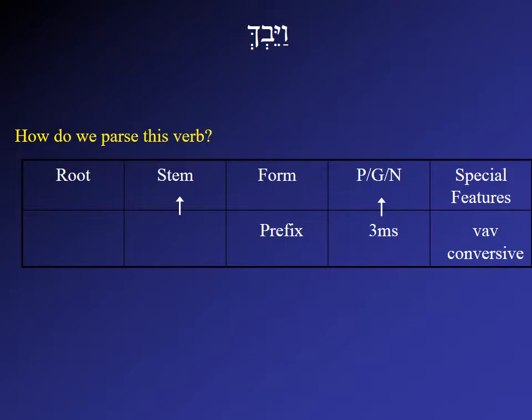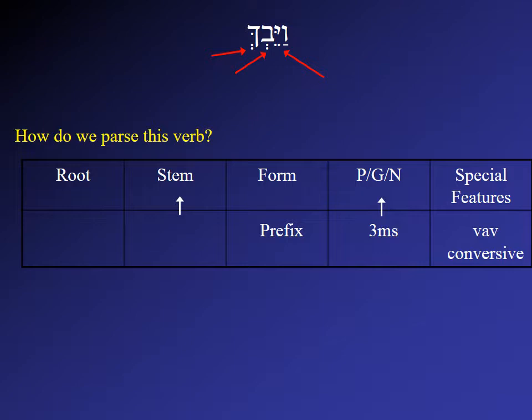Now the question then is what root and stem. So the stem. Now our normal indicators are not here. Here we see a tsere under the prefix, which often indicates, or up until now, has indicated a first yod. But we've got this odd vowel pattern here where we have two shvas in a row. Technically, both of them are vocal. Vayevk is how this is normally pronounced. So this is something other than what we've seen in the past.